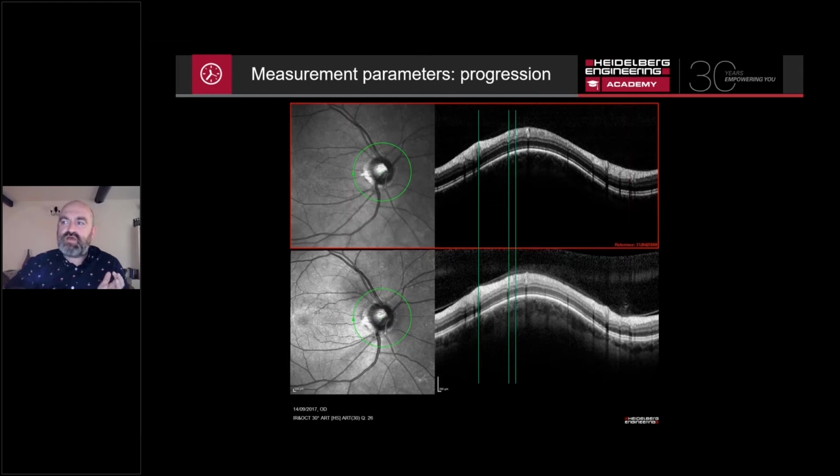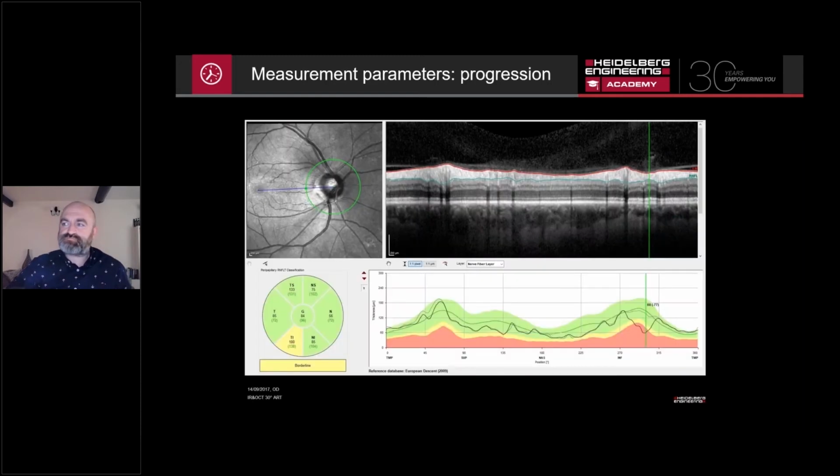By doing this, what we're actually confirming is that there was no head tilt between these two scans, because even if that optic nerve rotates slightly, that can change the profile of the RNFL. So it's absolutely crucial that whatever OCT you do use to assess for glaucoma, it has very good repeatability. Otherwise, you're going to get false results and it just won't be as sensitive.